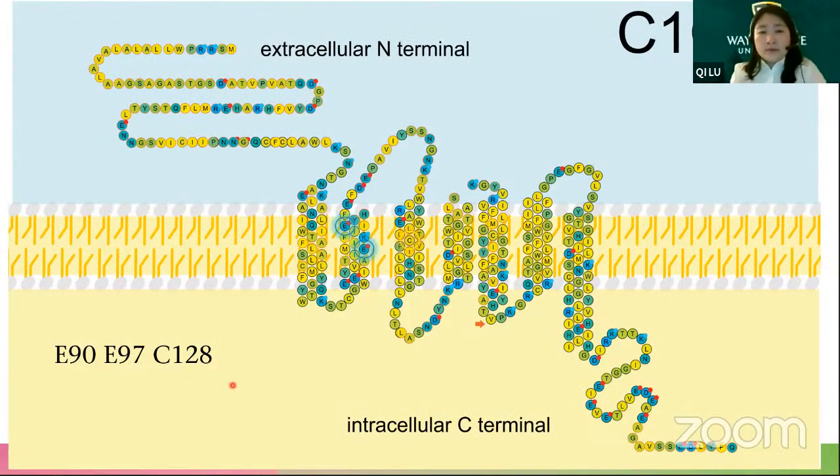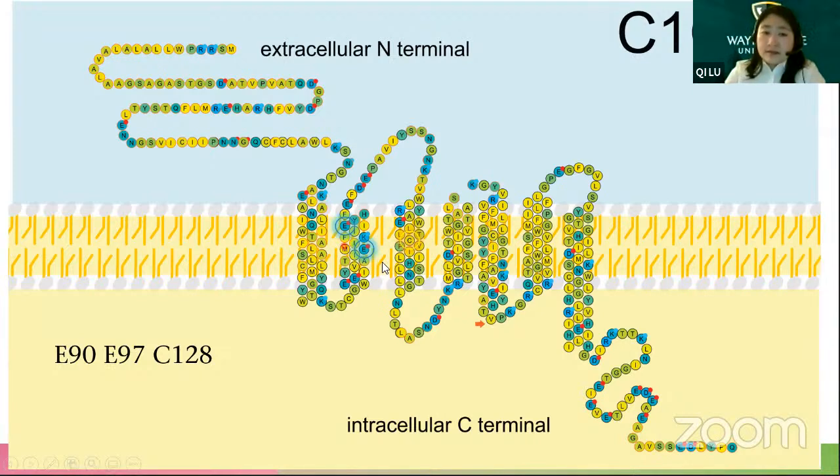And the most important, the one that catches people's eye for ion selectivity and ion permeability, is in the center of transmembrane domain number 2. That's E19, E97, and cysteine 128.